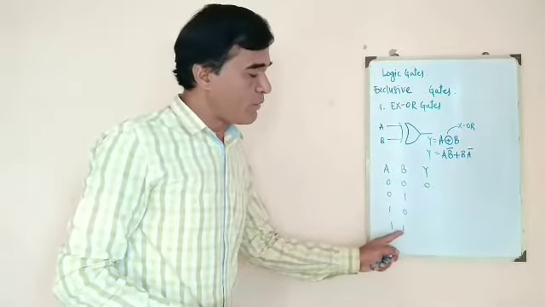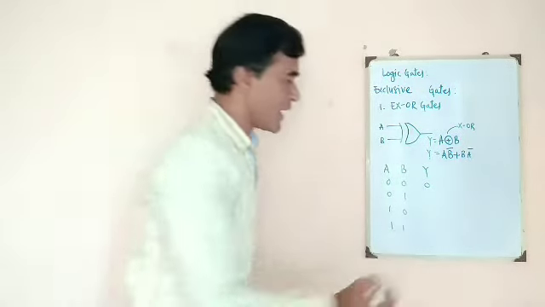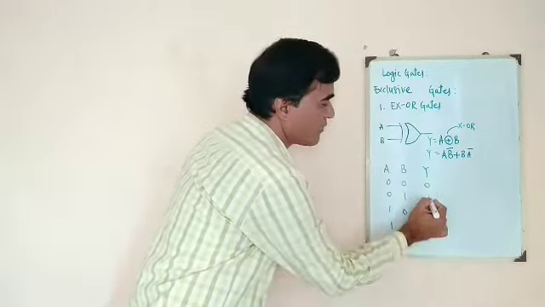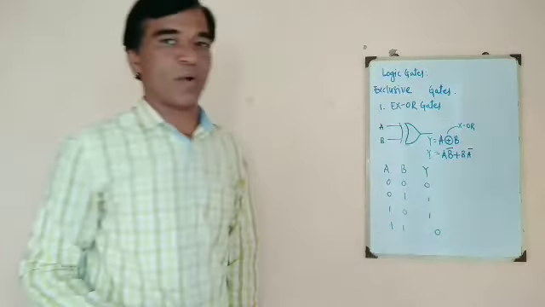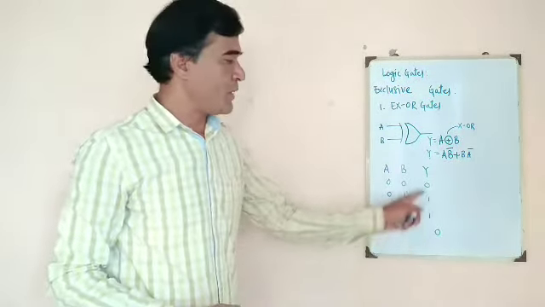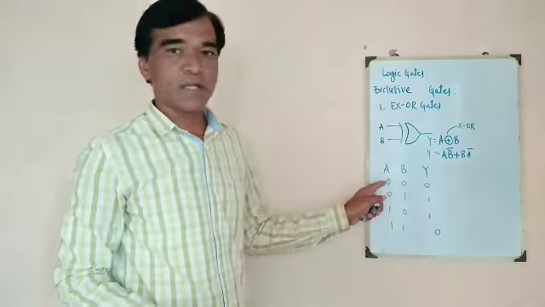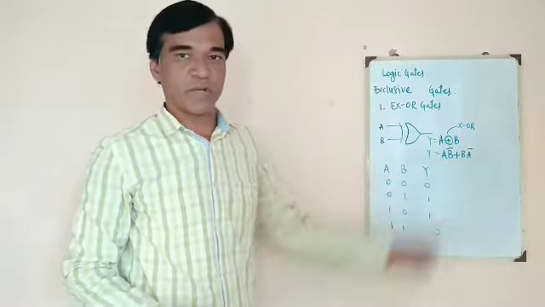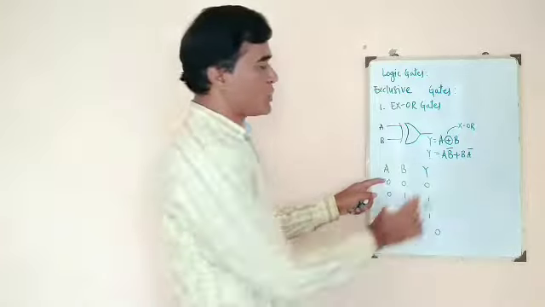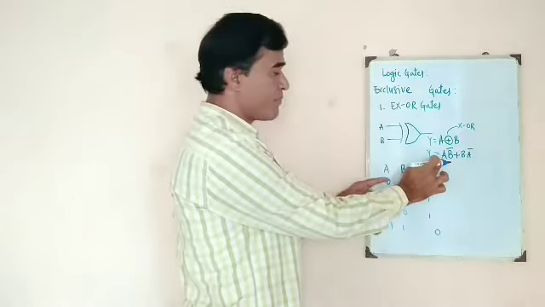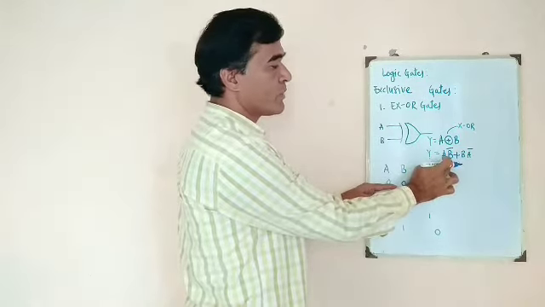When input 1, 1 is there, again output I will get a 0, and for other combinations I will get output 1. You can evaluate this output simply by substituting these values of A and B in this expression. When A is 0, B is 0, you will get output 0.